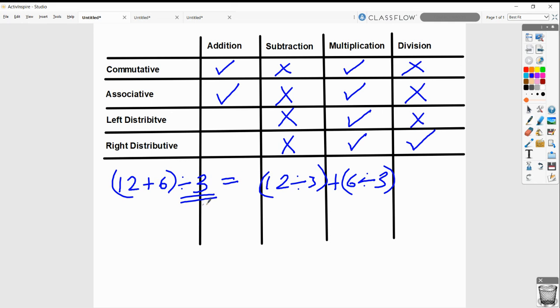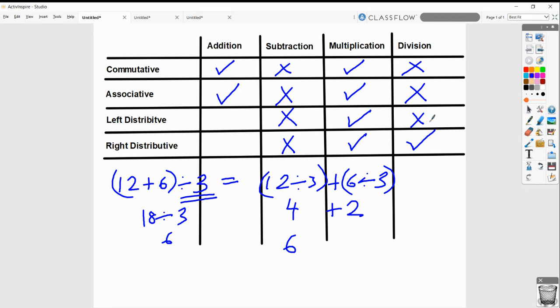The distributed thing is on the right side. Now you can just count and see, 18 divided by 3 will give you 6. 12 divided by 3 is 4. 6 divided by 3 is 2. 4 plus 2 will give you 6. That means division is only right distributive.